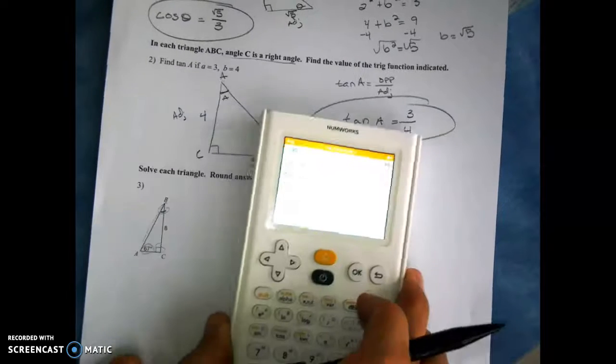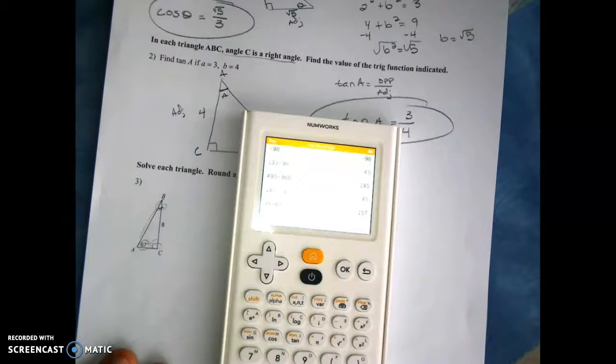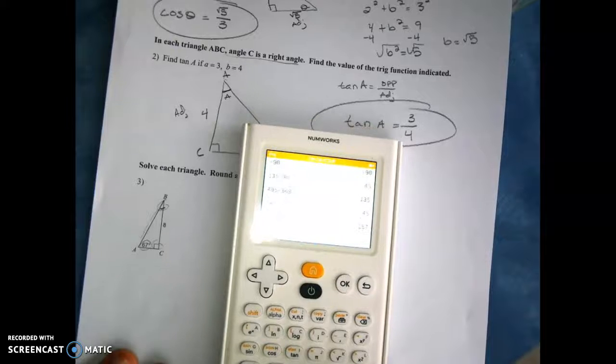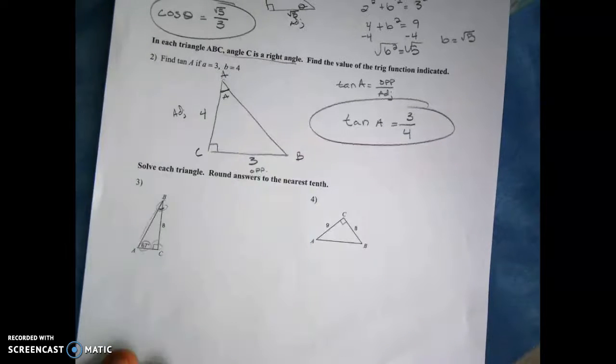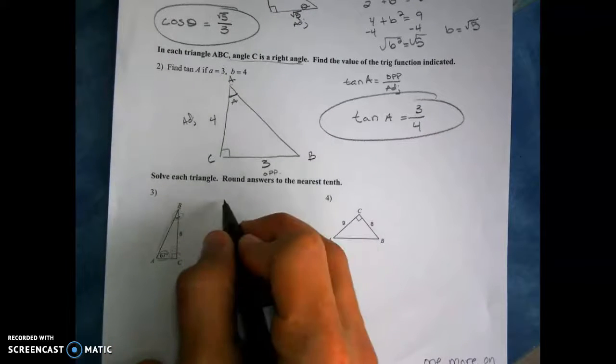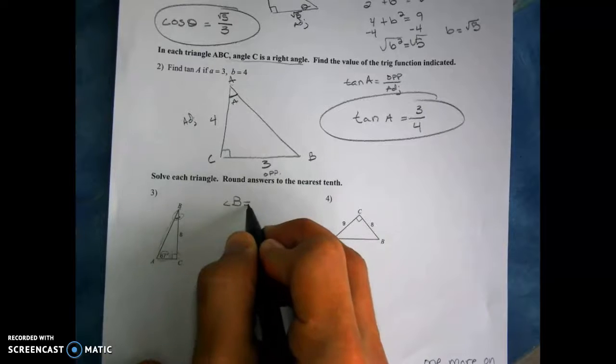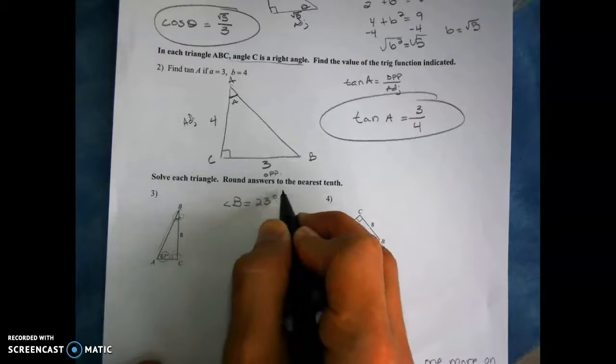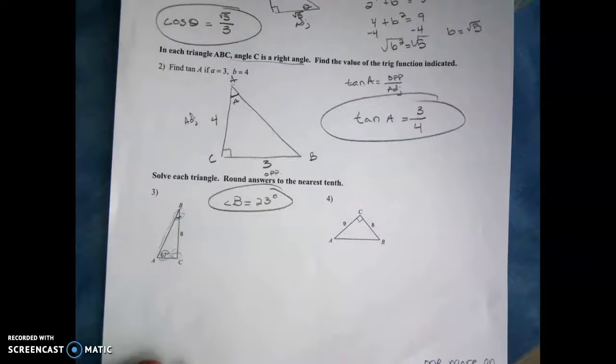I'll show you what I'm doing here. Okay, we have 90 plus 67 gives me 157. Then I take 180, subtract 157, and we get 23 degrees. Okay, so the first thing we found was angle B. We get it as 23 degrees. Okay, 1 out of the 3 done.